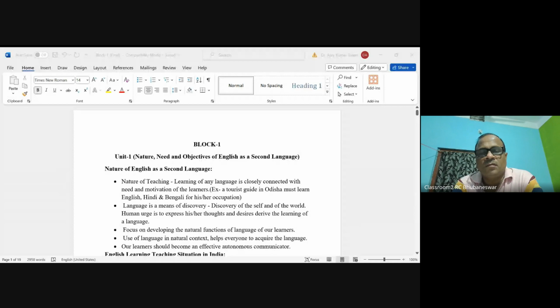So, as it is an associate official language and second language, another example I may like to cite here. When can a child get scope to learn English or to listen to English?